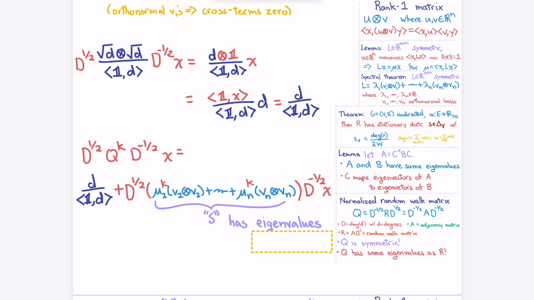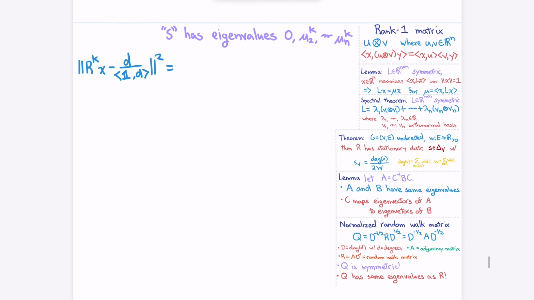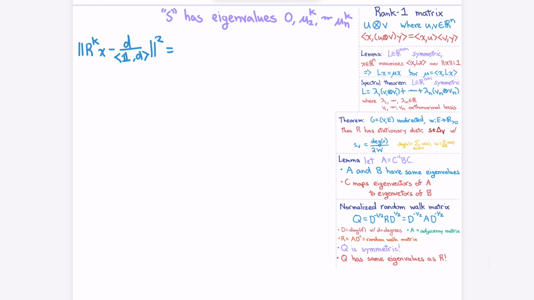Is it the alphas? 0 is one of them now because you removed one of the directions. And then the rest of it is mu2 to the k, mu n to the k. They're all listed right here. You already have S in diagonal form. So that's so much for S. You know that S looks something like this. Now we're going to go for the kill.